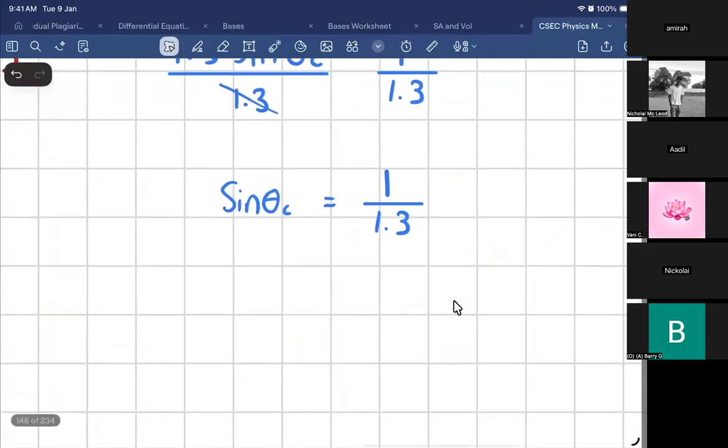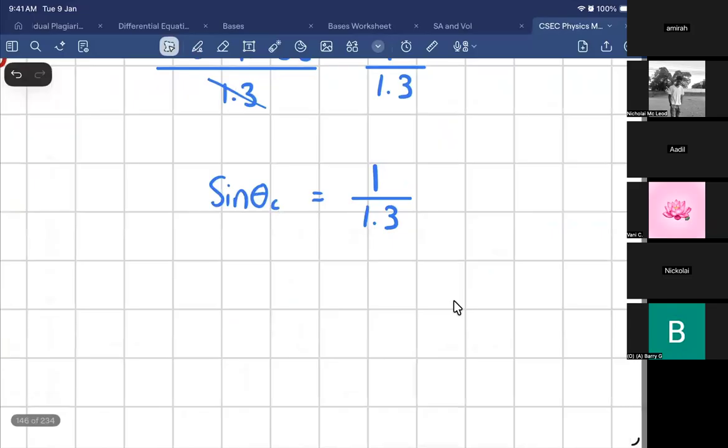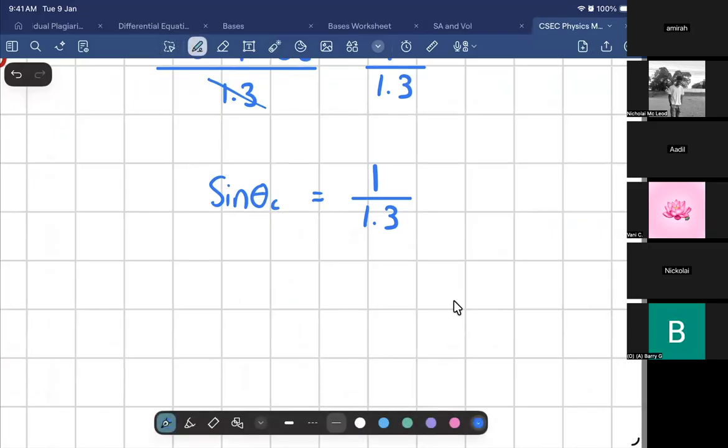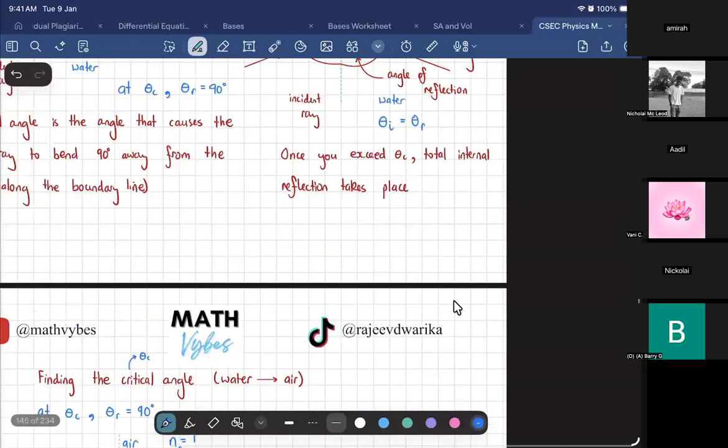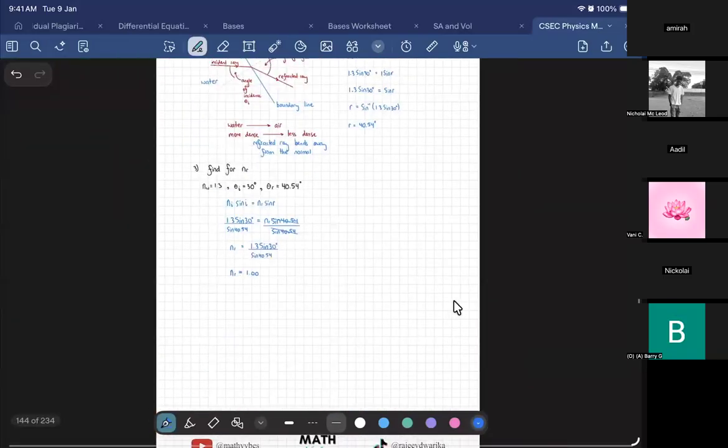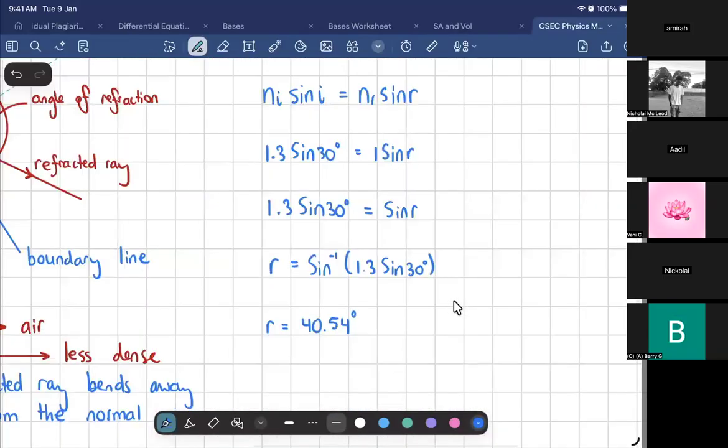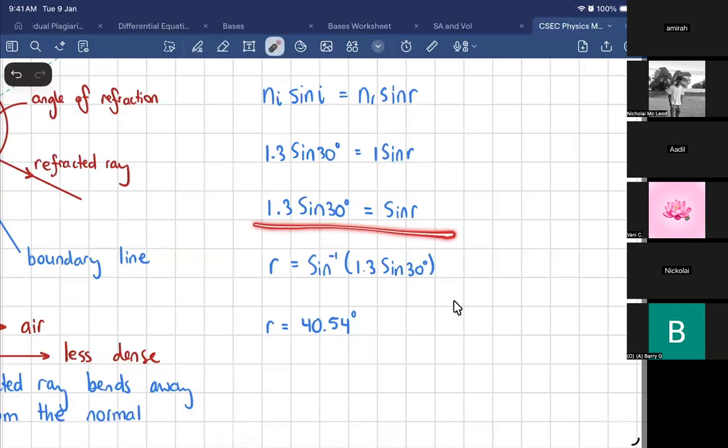So how are we going to find theta c now? You already have 1 over 1.3, right? But look at that previous example. How did we find r? We're going to get the inverse.